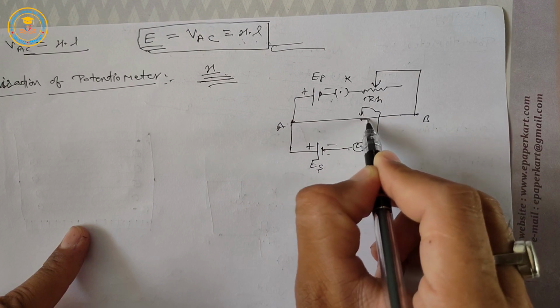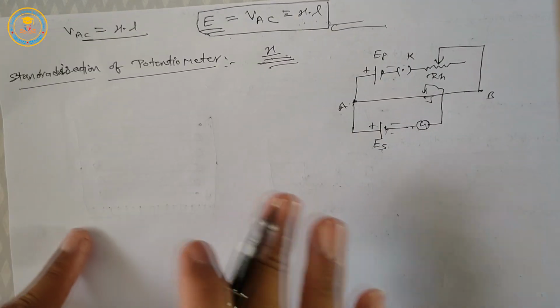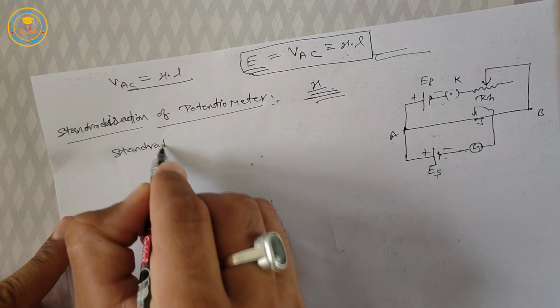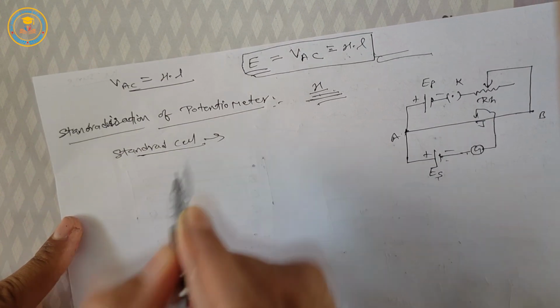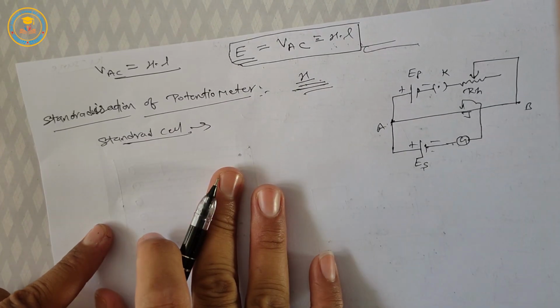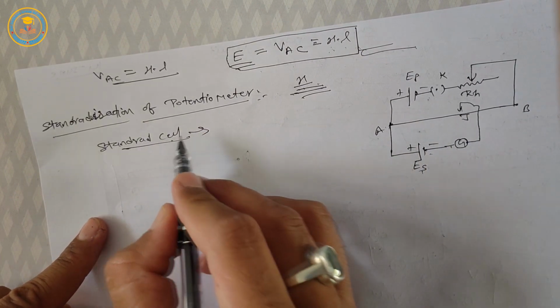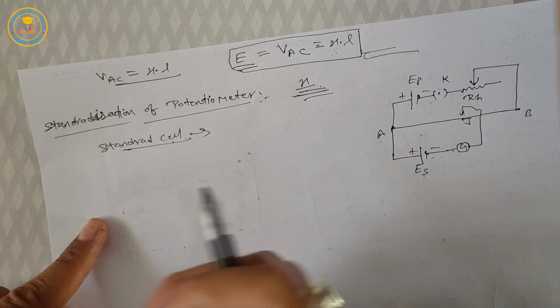This is jockey J. What is a standard cell? A standard cell, like the Daniell cell, is a cell whose EMF remains constant for a long time.